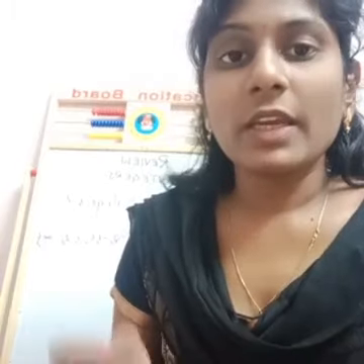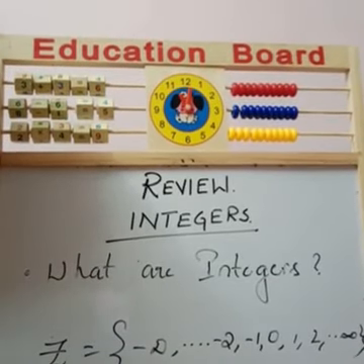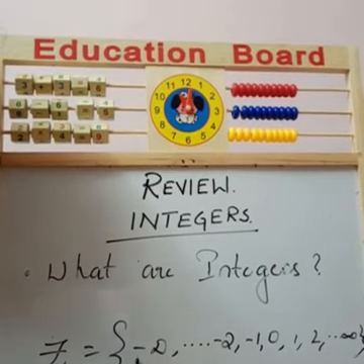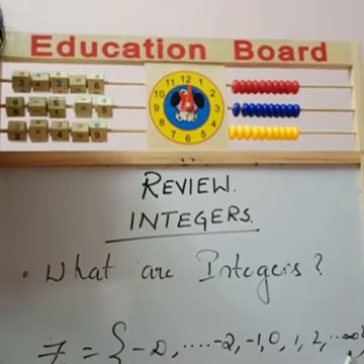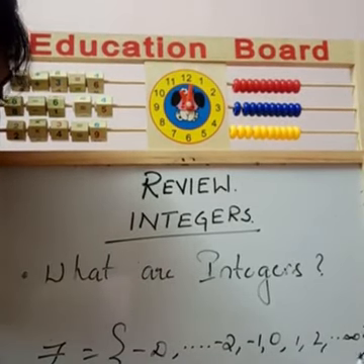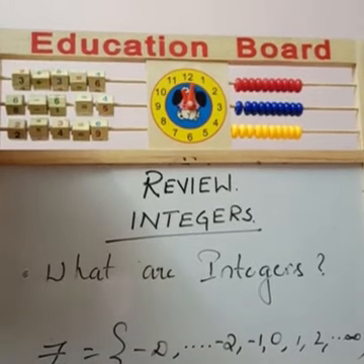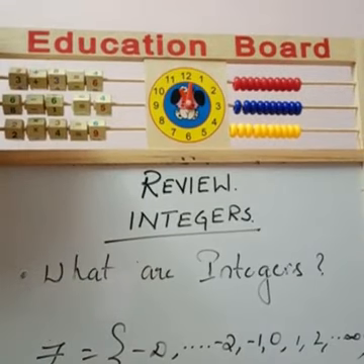I'm repeating: integers is a set of numbers with positive and negative numbers along with 0, and integers are denoted with the letter Z. It includes numbers from minus infinity to plus infinity.